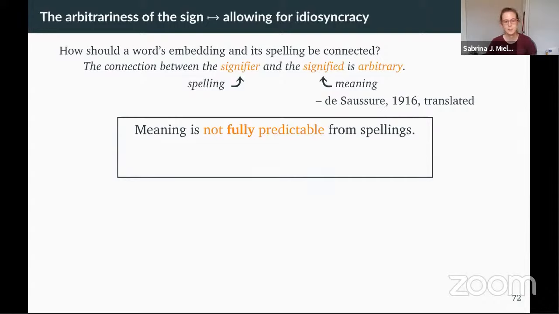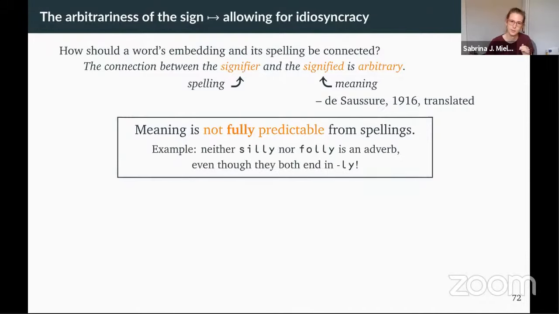We extend this into a central tenet of our model, that is, meaning is not fully predictable from spellings. That is, the correspondence between embedding and spelling is not perfect. There is a signal there, but it's not perfect, right? So you might have these cases like silly and folly that end in ly but are not adverbs.